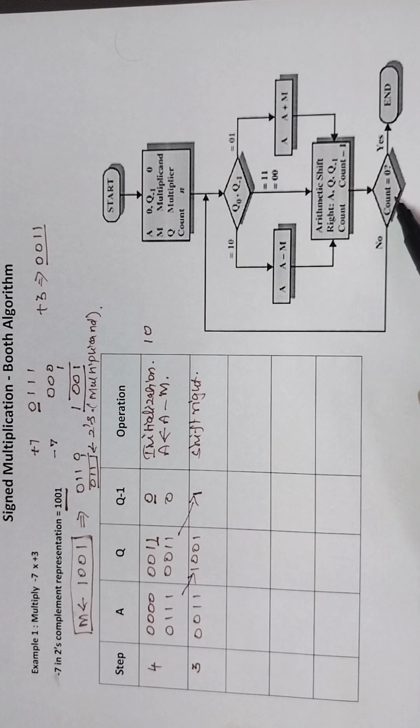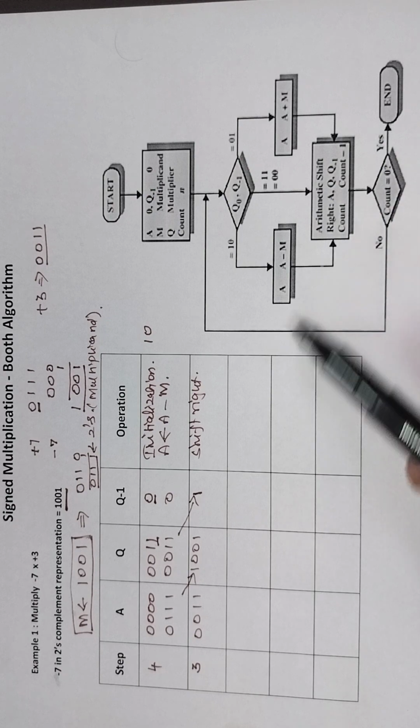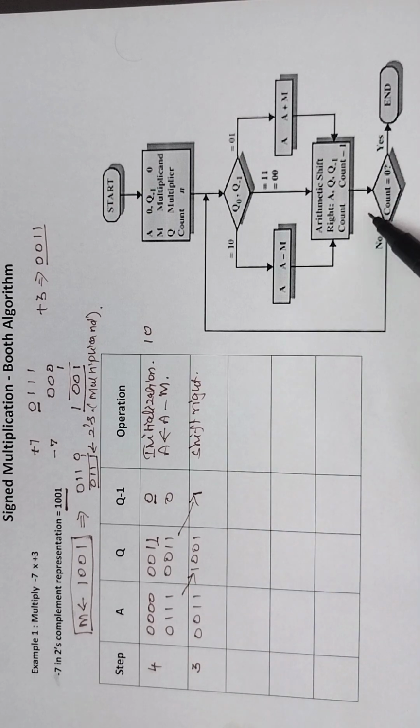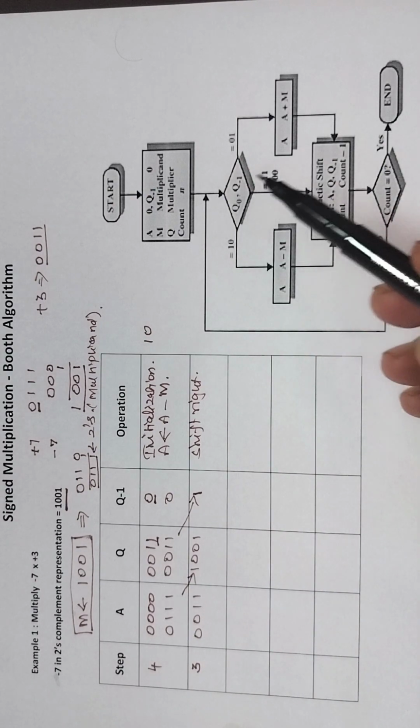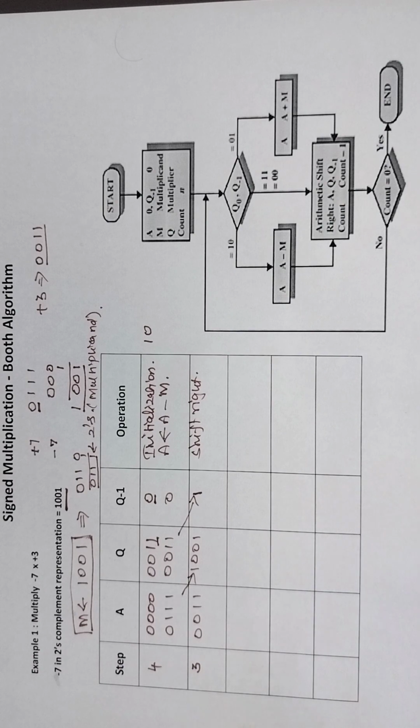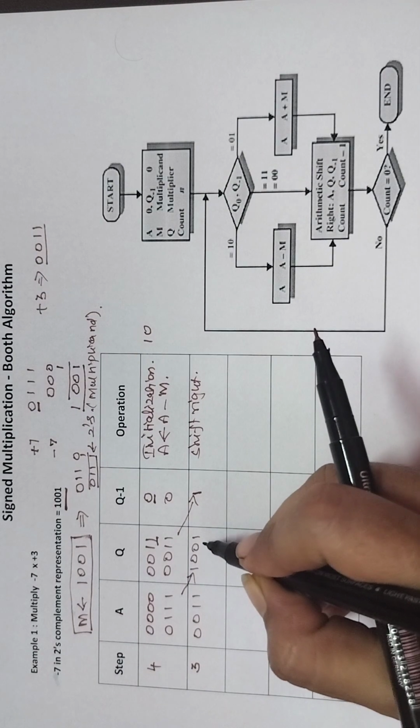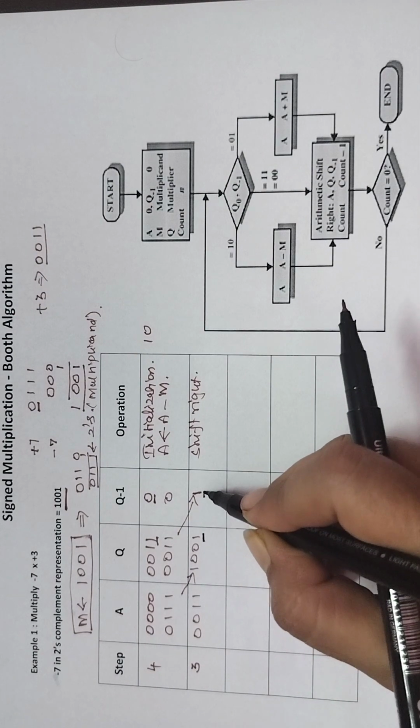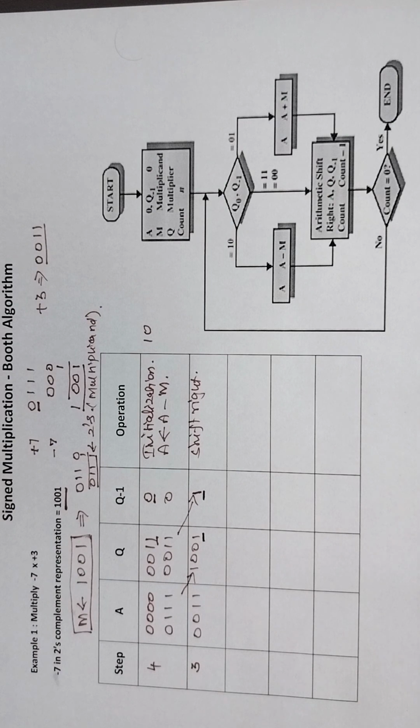Now checking the count value: is the count equal to 0? No, the count is 3. So again we repeat the process, checking Q0 and Q minus 1. What are Q0 and Q minus 1 now? They are 1 1. If it is 1 1 or 0 0, we just perform the shift right.